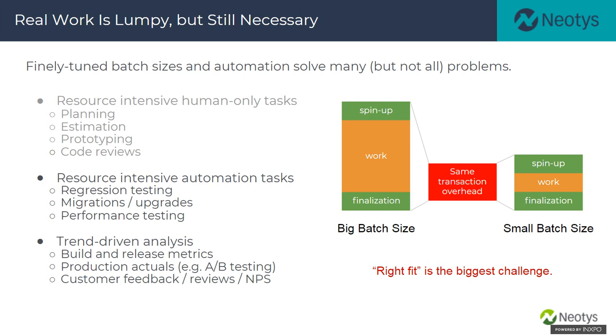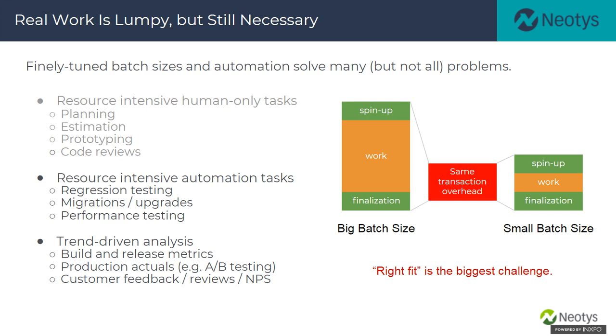Like for instance, what are people actually seeing in an AB target group about this slight change to a specific page. So in this case, really, regardless of whether you look at it from batch size or workload or estimation, whatever the case is, the fact is right fit is really the biggest challenge. That is just a continuous challenge.